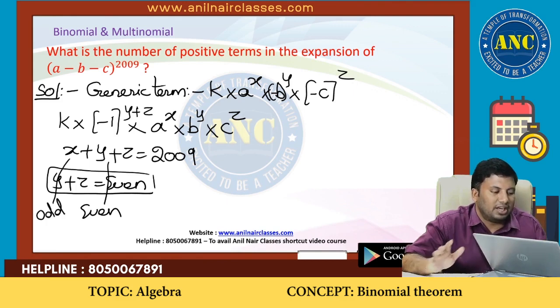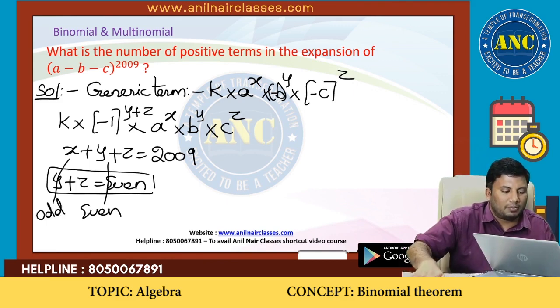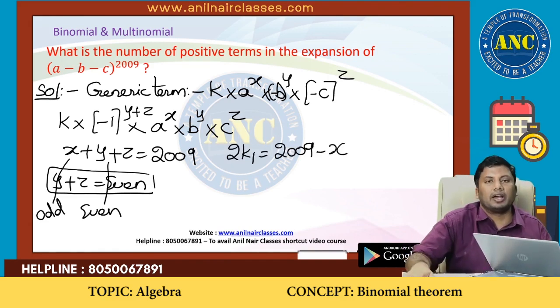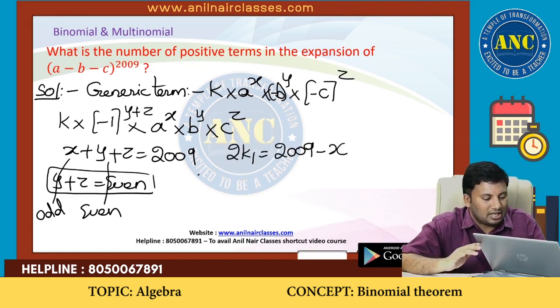Odd plus even is also an odd number. So y plus z is 2k1, which equals 2009 minus x. I hope it is clear. So x is an odd number.